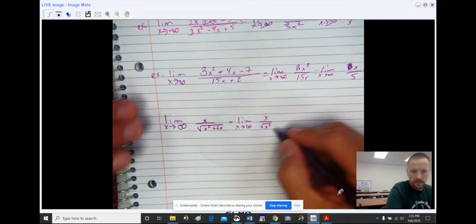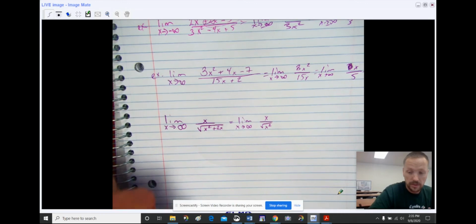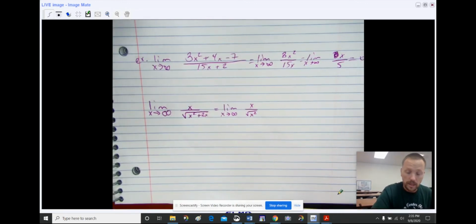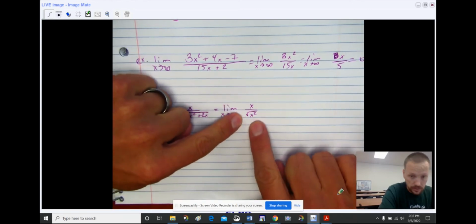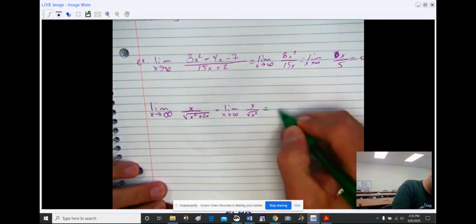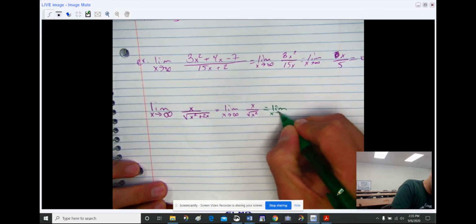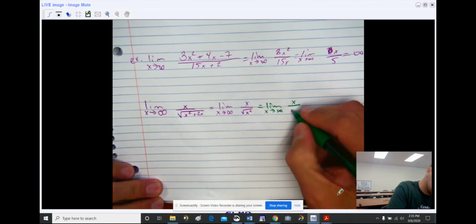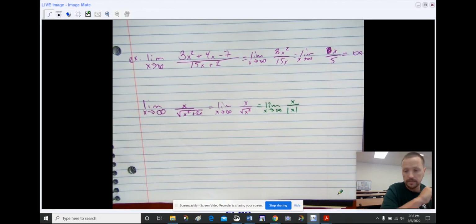And now, here's a question, and this might surprise some people. What is the square root of x squared? The square root of x squared is the absolute value of x, not just x, okay?